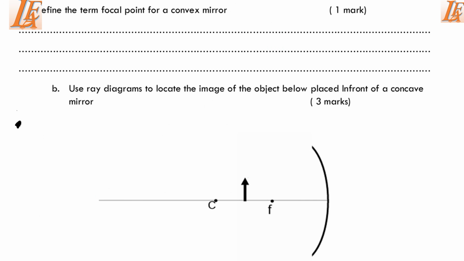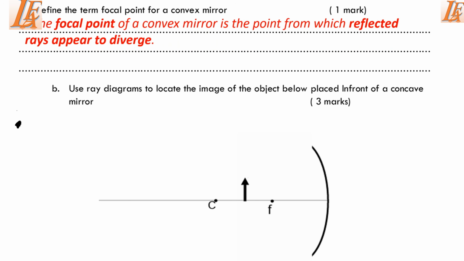Question 37, define the term focal point for a convex mirror. So we define the term focal point for a convex mirror as a point from which the reflected rays appear to diverge. And in this case, if we have a convex mirror here, this is our convex mirror, and in this convex mirror we have what we call the principal axis, like this here.